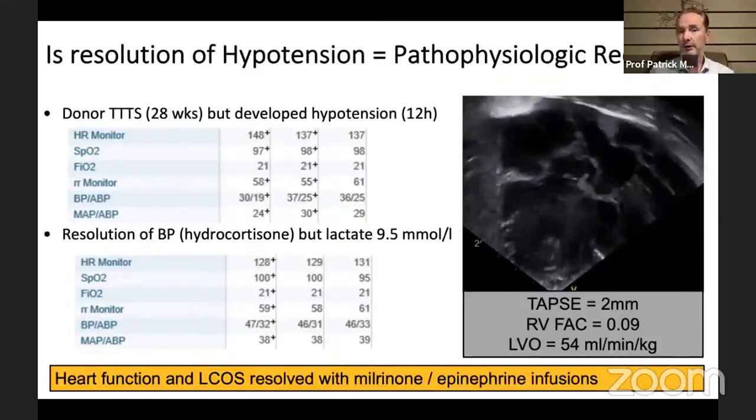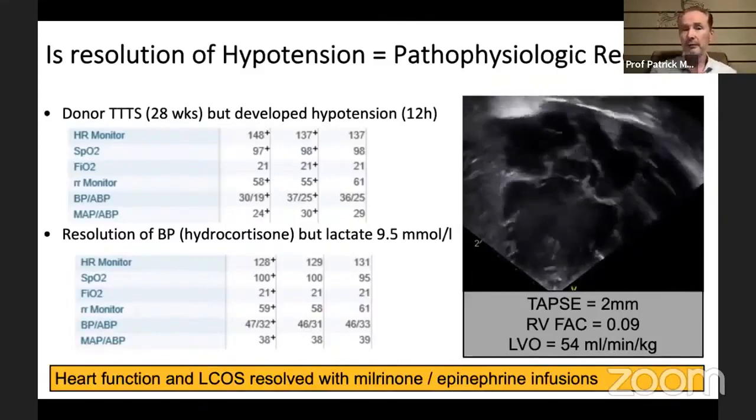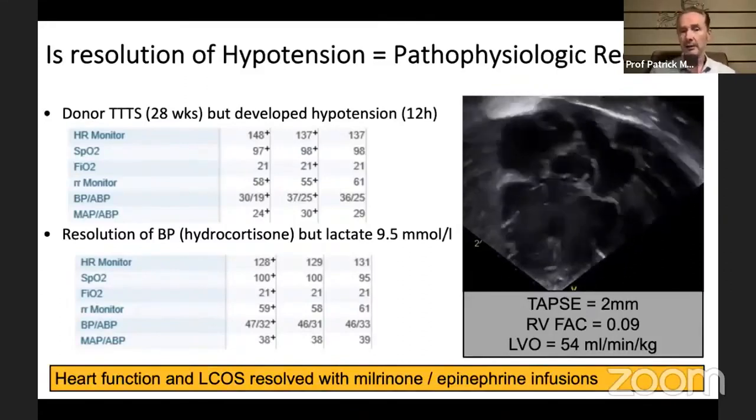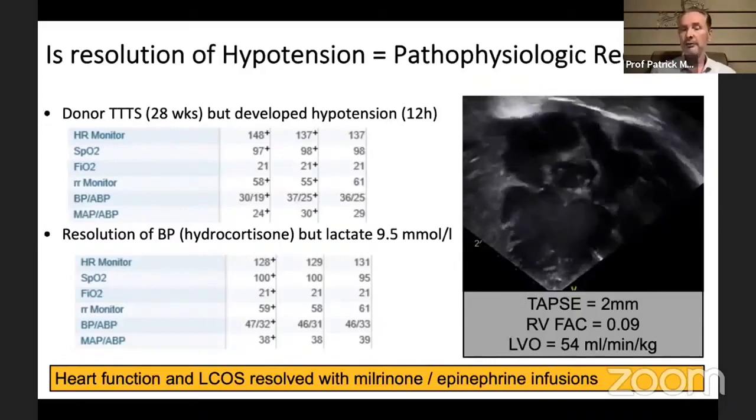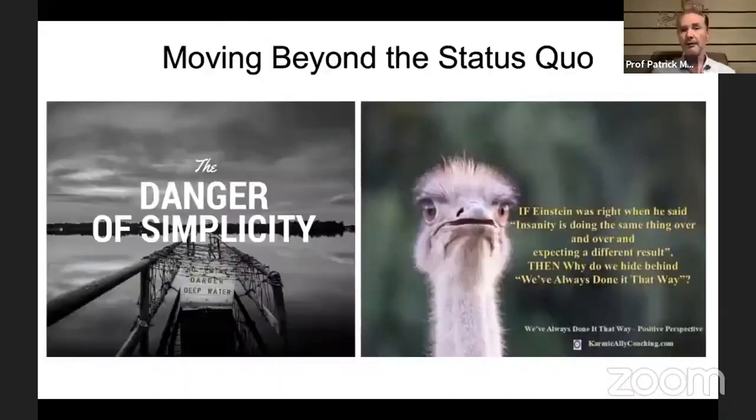And I think this is an important consideration that in providing care, we may have symptoms that we use to guide us as to whether the patient is well or not well, but the underlying pathophysiology may be very different between patients. And we'll come back to this a little bit later on. So how do we move beyond the status quo?